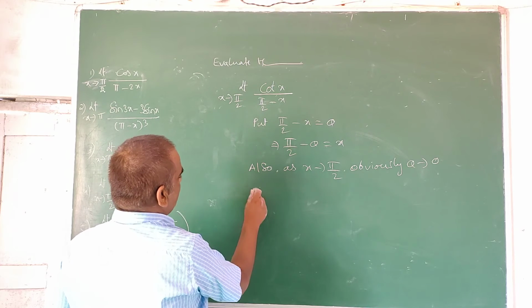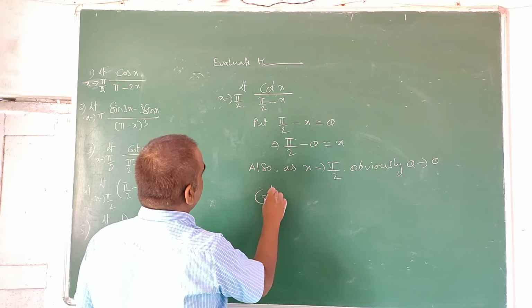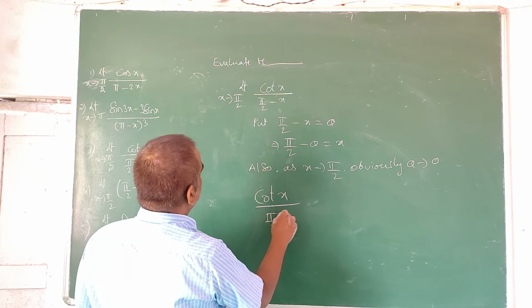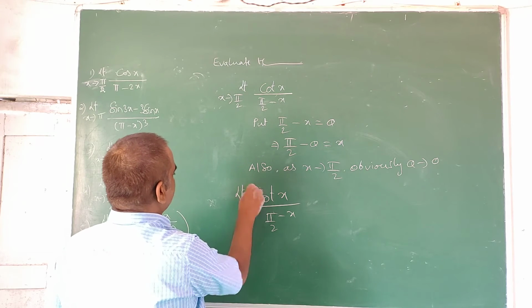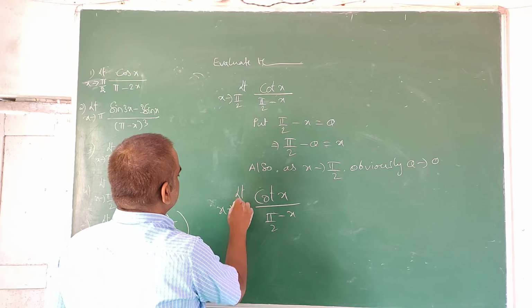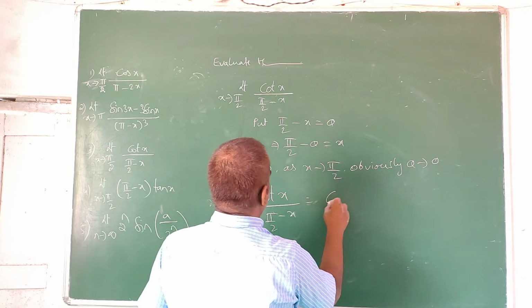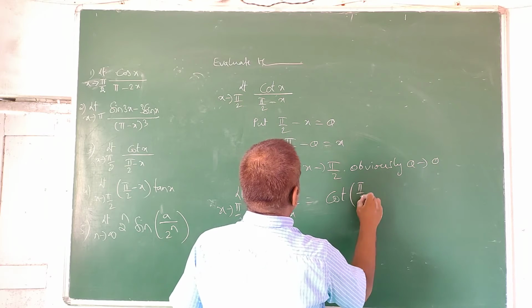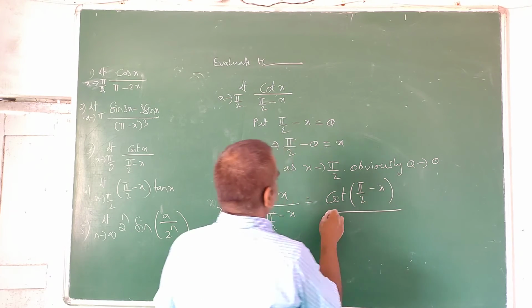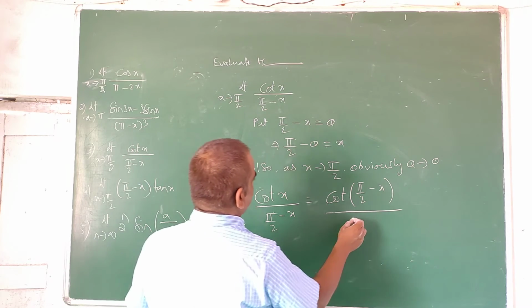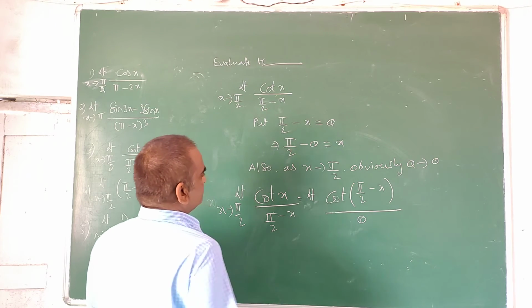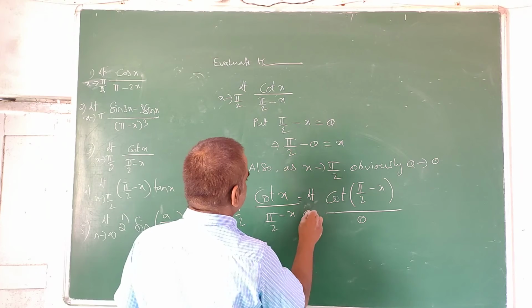So now take the problem, cot x by pi by 2 minus x as limit x tends to pi by 2. This is equal to cot x, which means cot of pi by 2 minus theta, divided by pi by 2 minus x, which is theta, limit theta tends to 0.